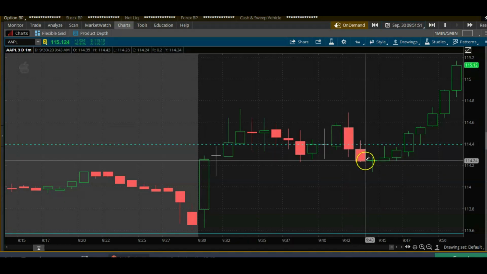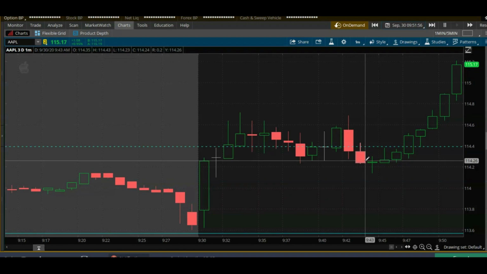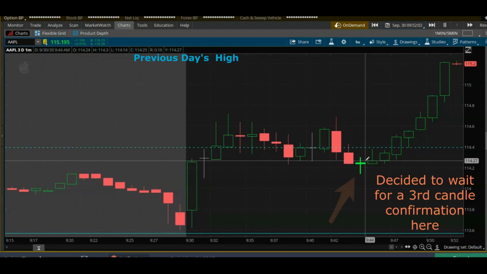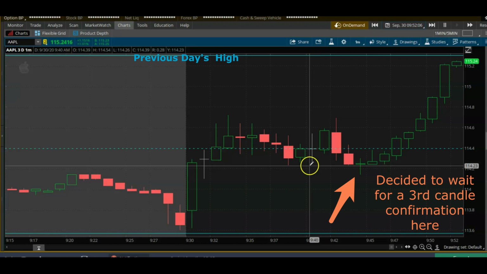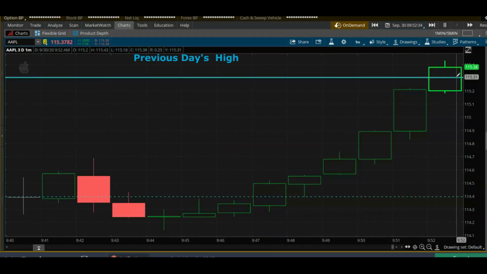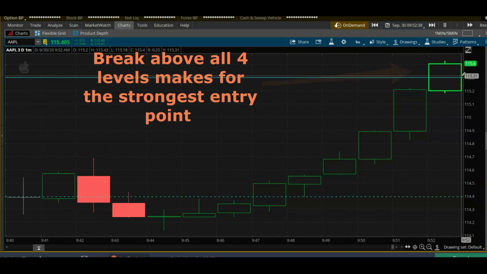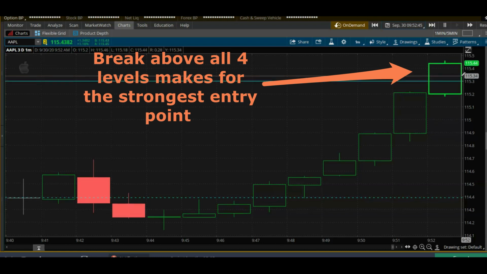So though there was a little faltering, eventually price action did do what it was supposed to do and is now breaking above the previous day's high. Entering into a position after there's been a breakout of all the four previously drawn levels will always be your strongest entry point.